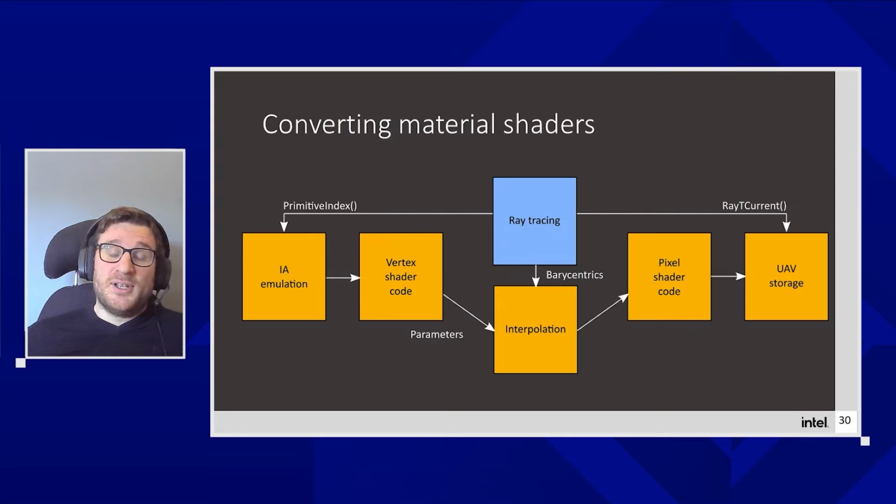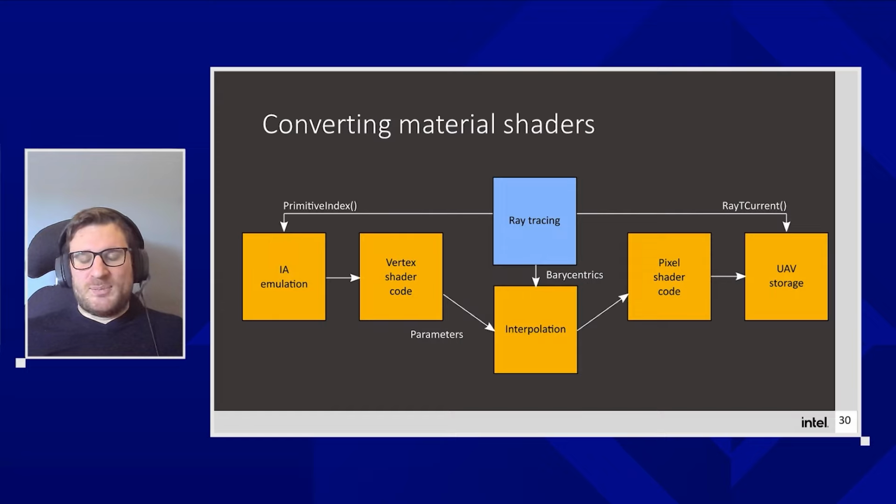For example, from ray tracing, we get a primitive index that we need to use to fetch our geometry in a step that we call input assembly emulation. Then we can feed this result to the vertex shader code that creates the parameters. Of course, the parameters are not interpolated automatically. We need to interpolate them ourselves. Luckily, ray tracing provides barycentric coordinates. Once we interpolate them, we can feed them to the pixel shader code and finally store the result. Of course, we don't have a render target in ray tracing. We can just use a UAV storage.